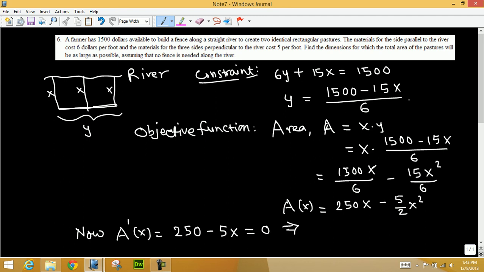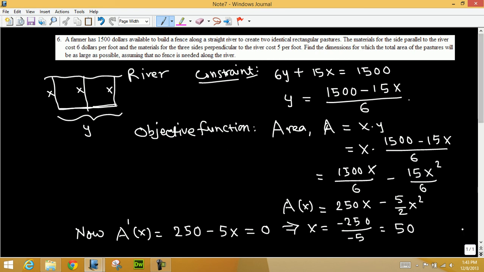Move 250 over, negative 250, divide by negative 5, so x will be 50. So this vertical side should be 50 feet long, so 50, 50, 50, and now we just plug in x equals 50 in the constraint and find the corresponding y.